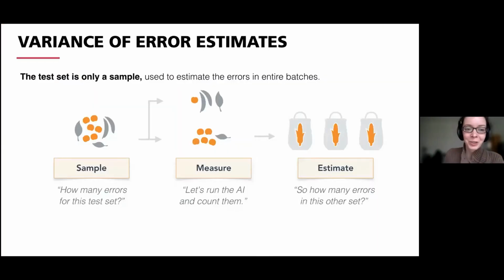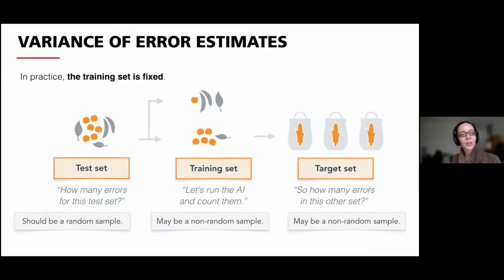Okay, so here's a recap of how we estimate errors for classification. We take a sample, a test set. We run an AI on them, and we count the errors. And then we use those errors as estimates of the errors we can expect in practice.